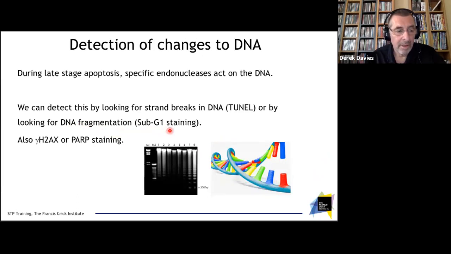It's a very common method of looking for what people refer to as apoptosis, but as I'll show you in a second, I don't like to describe it like that. Or we can look for broken strands of DNA by this technique called TUNEL, which I'll also describe in a moment. But we can also use, again, immunofluorescence staining to look at things like gamma H2AX, which is normally activated in broken strands in DNA, or PARP staining.